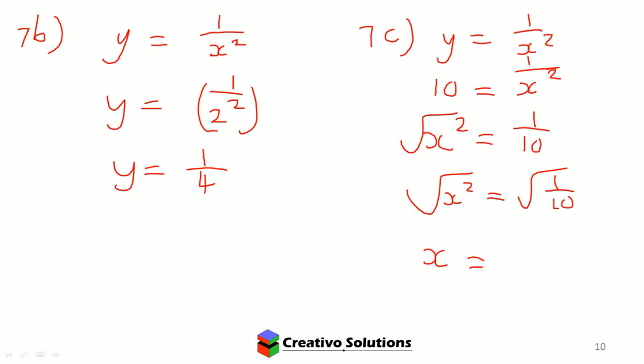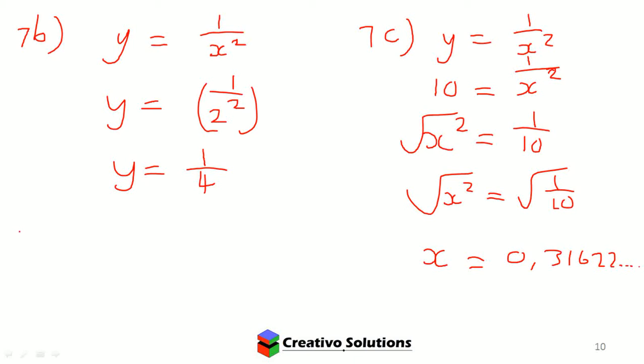Let's check that on our calculator. The calculator gives me the square root of a tenth as 0.31622..., recurring decimals. And that would be the answer for question C. Let's have a look at the next one.